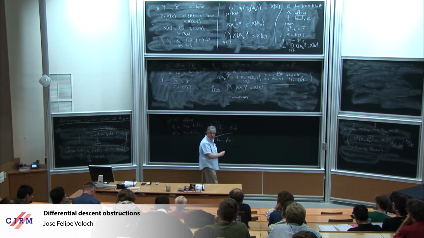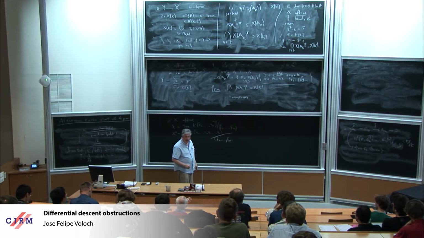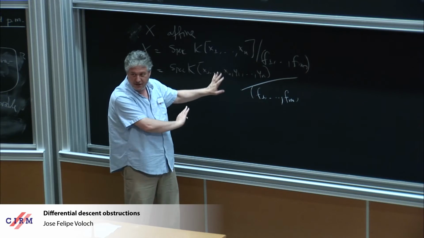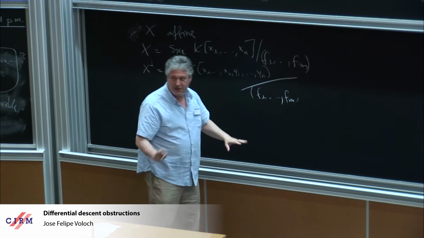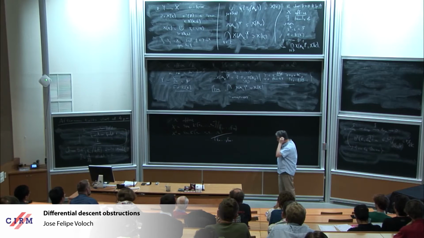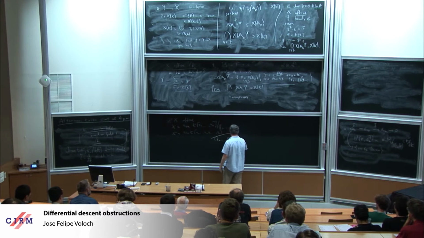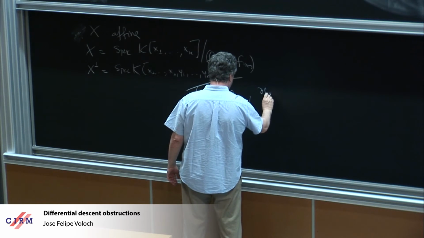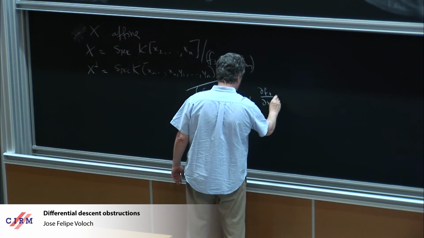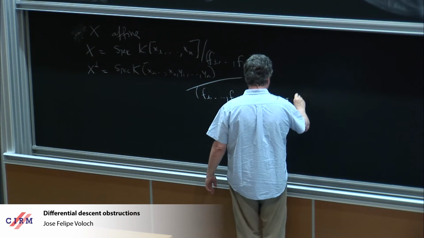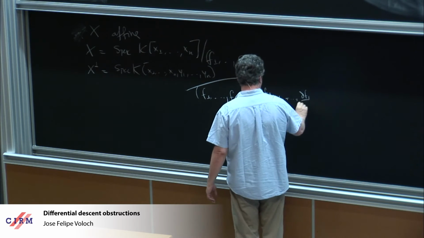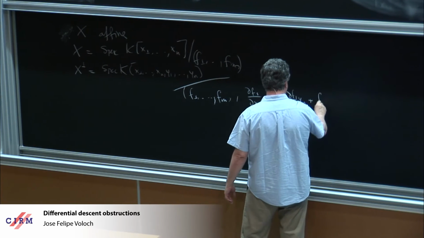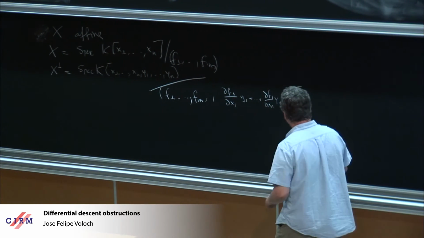So the f's are in x. The y's are going to appear explicitly in a moment. So right now the f's are in f, and then I'm going to put in something like df1 dx1 y1 plus df1 dxn yn plus what I'm going to call f1 to the delta.